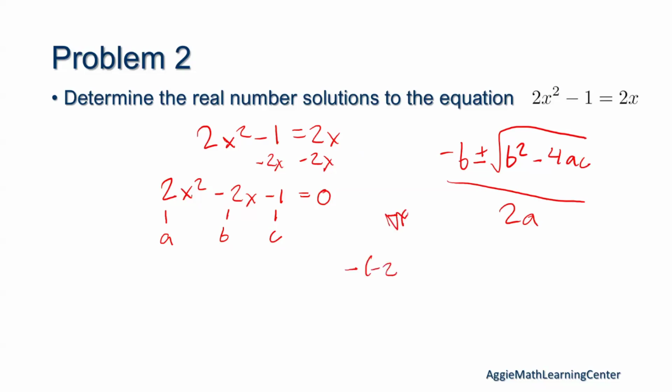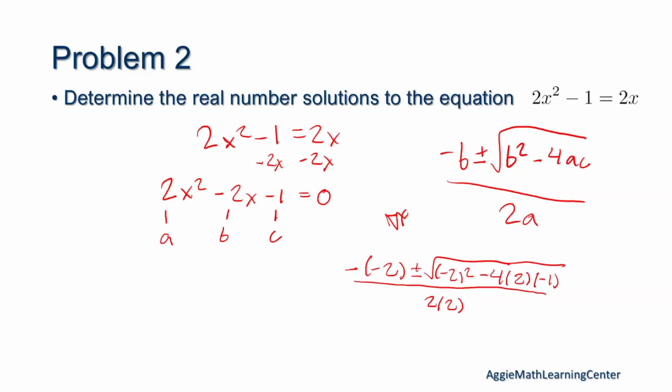Negative b plus or minus square root of b squared minus 4ac over 2a. Okay, do you feel good about that so far?